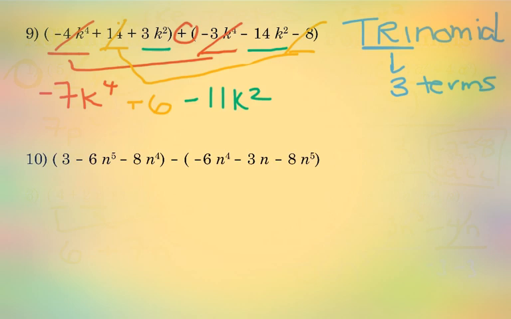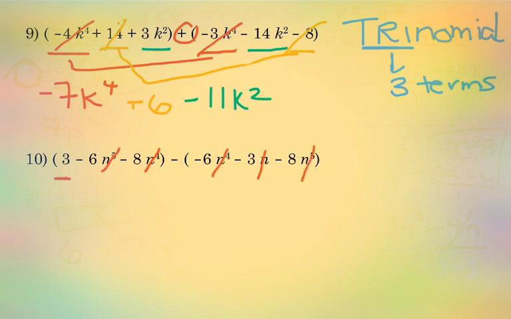And then let's look at 10 together. First term here is a 3. I'm looking to see if there are any other constants with no variable attached. I see n to the 5th, n to the 4th, another n to the 4th, and n to the 5th.